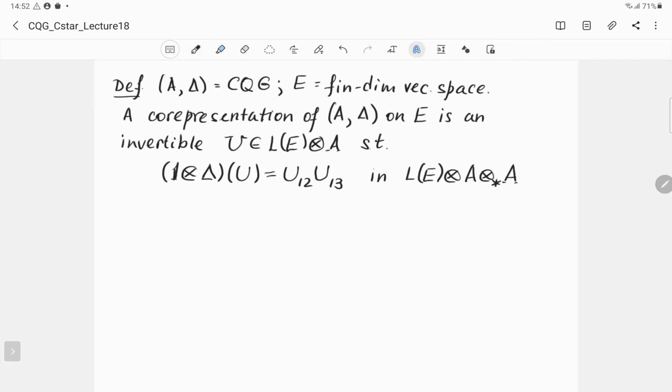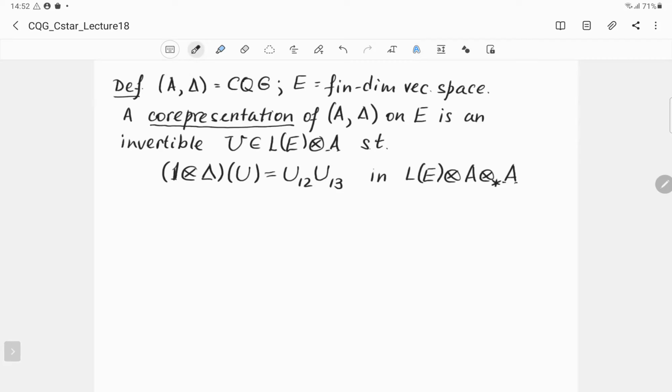The first natural embedding embeds the tensor product of L of E and A onto the first two factors here, and the second embedding, which takes U to U13, embeds this tensor product to the tensor product of the first and the third factors here. Okay, so that's our definition.